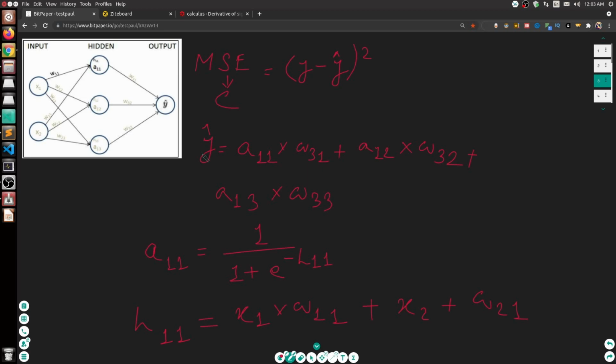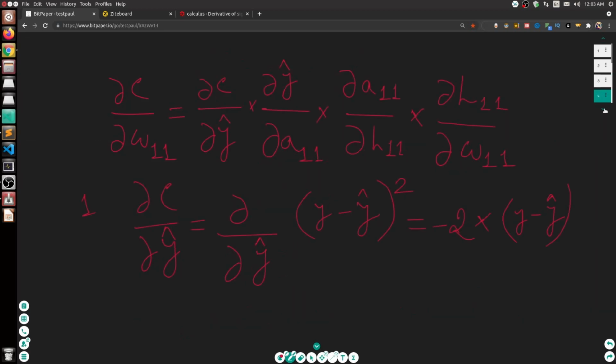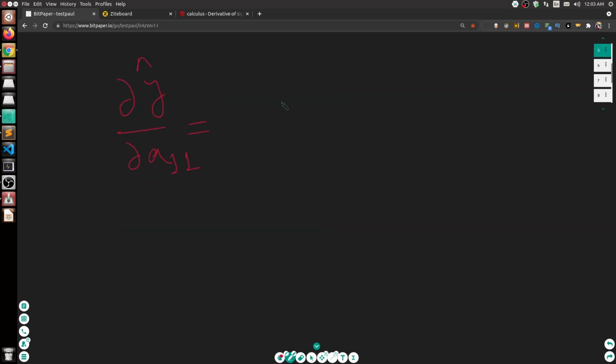Yes, so earlier we discussed that this y hat, that is the output value from the final output layer, is a weighted sum of all these individual values multiplied by the weight. So let's have the same value here as well.